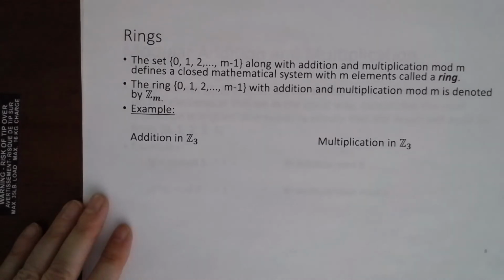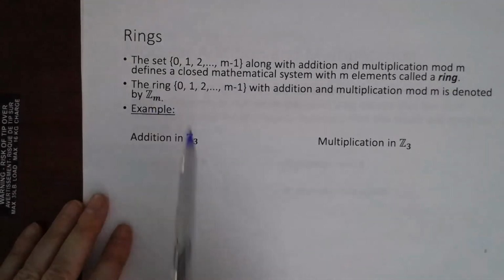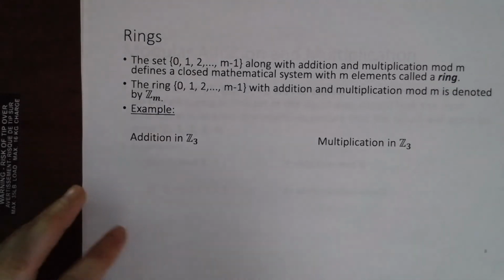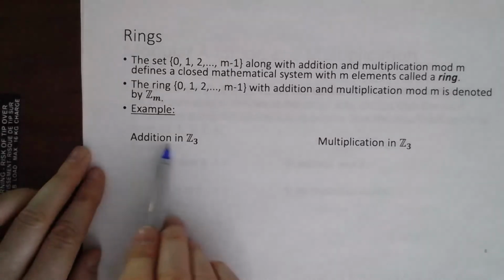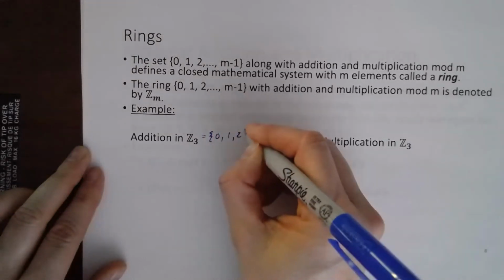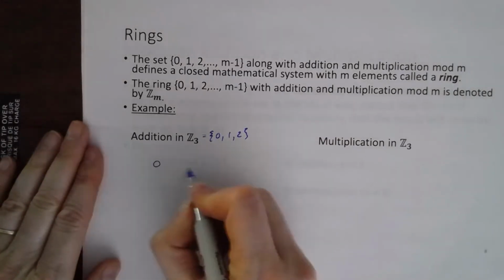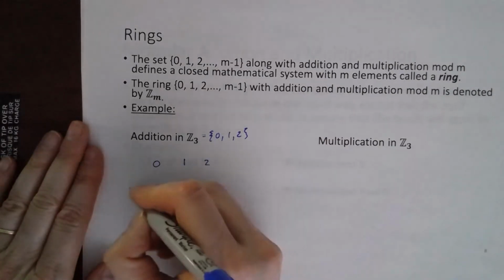Then I always define operations in that system by doing mod whatever that subscript is at the end. So, for example, if I want to do addition in Z3, Z3 has 0, 1, and 2. Those are the 3 symbols that it has. So let's say I wanted to add these.